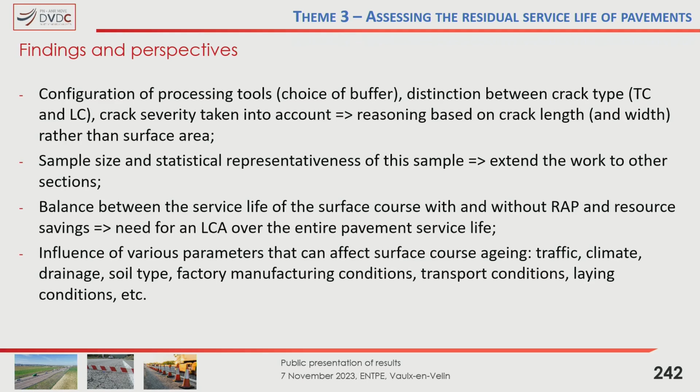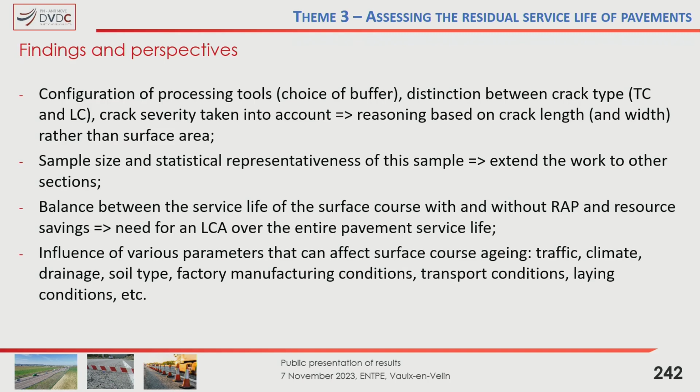It can be how it was applied, how it was manufactured, climatic conditions, the traffic, the nature of the soil, also drainage. There are many, many parameters, and you have to be aware that we can't always be exhaustive.